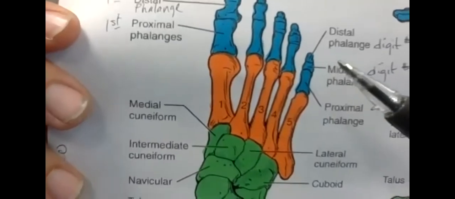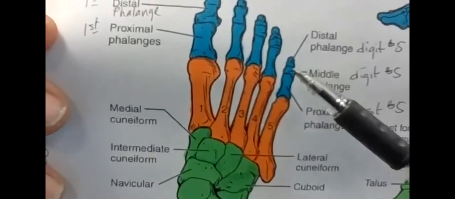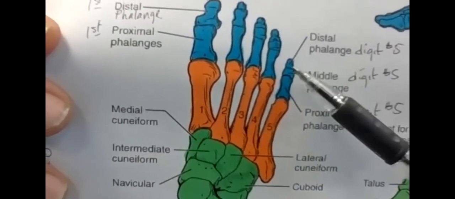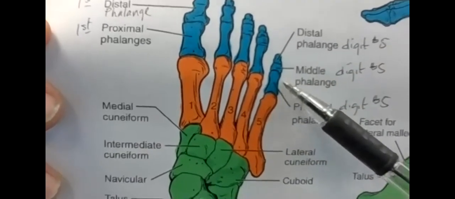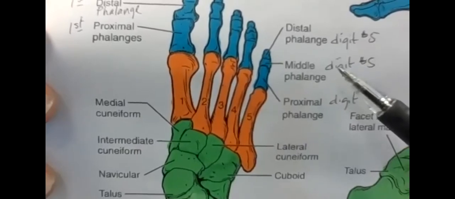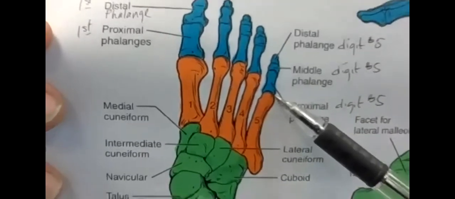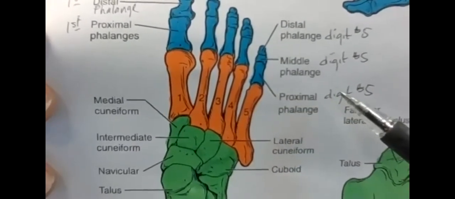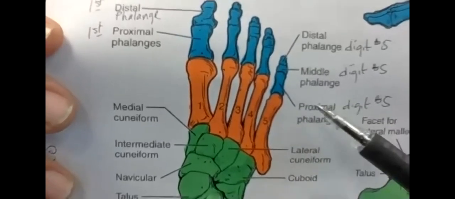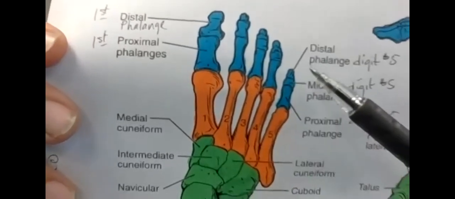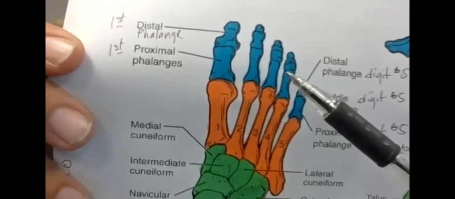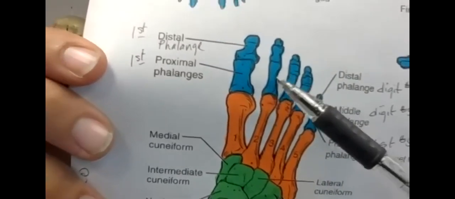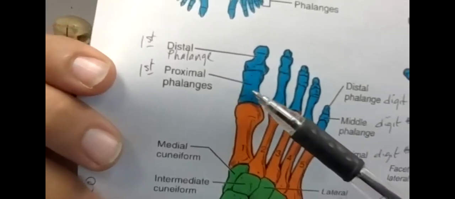This is distal phalange digit number 5, middle phalange digit number 5, and proximal phalange digit number 5. So there's 14 of them. There are 3 phalanges on the 5th digit, 3 on the 4th digit, 3 on the 3rd, 3 on the 2nd, and 2 on the 1st.